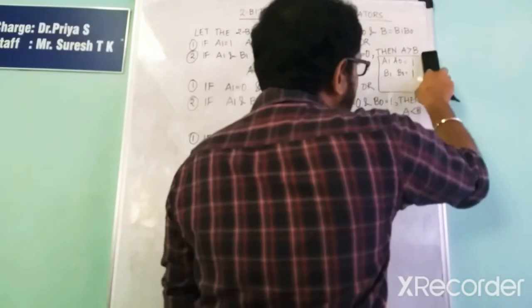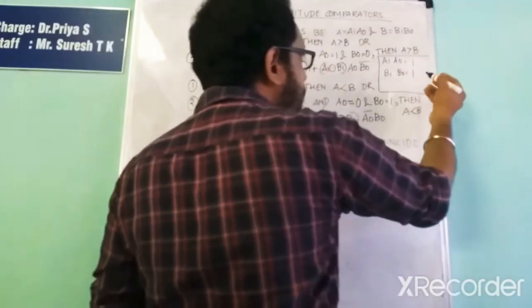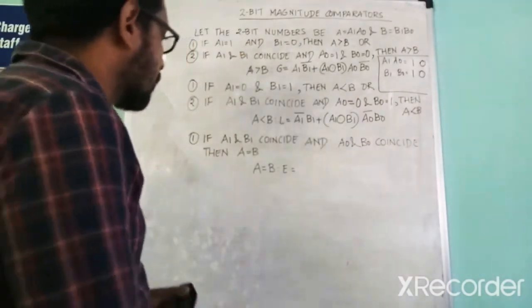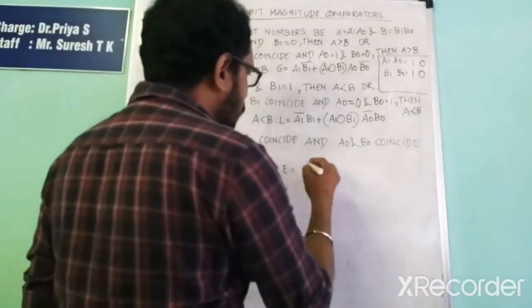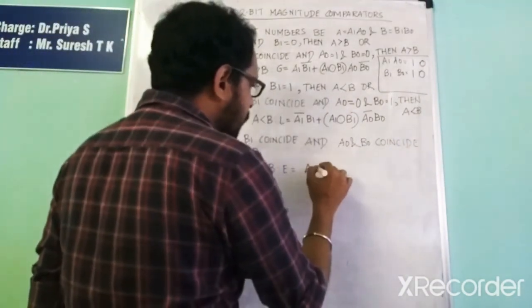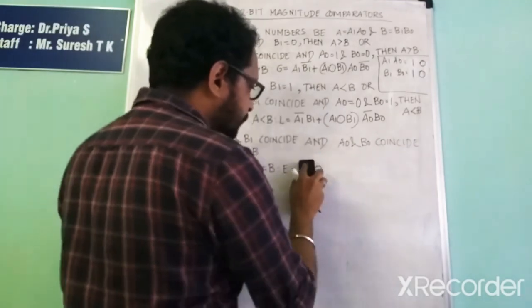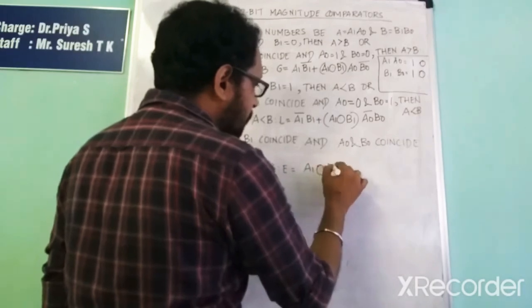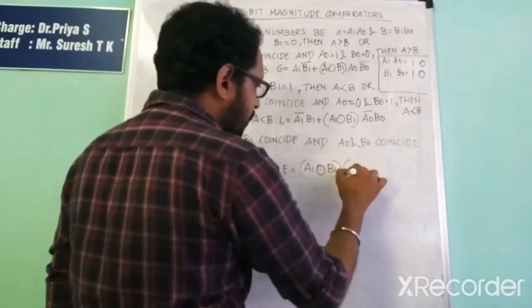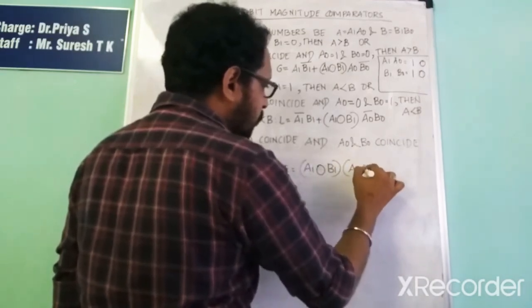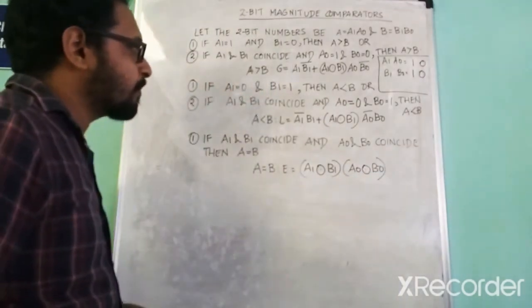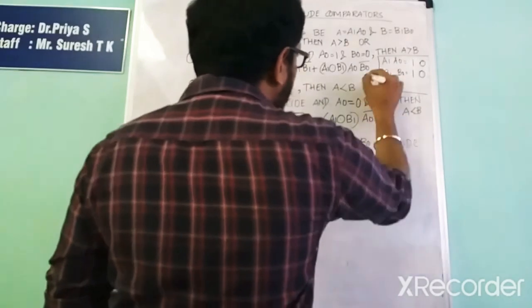For example, if we change the A1 and B1 value and A0 and B0 coincide, again it's equal. So it's A equal to B. Equality can be written as A1 XNOR B1 into A0 XNOR B0. These are the expressions.